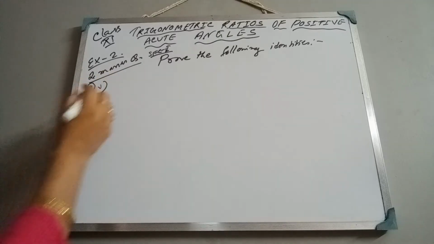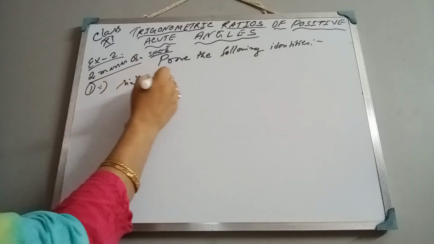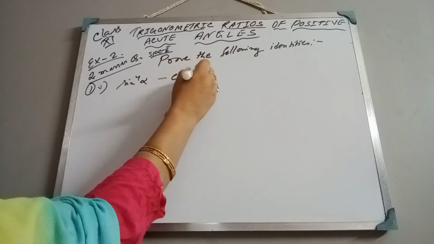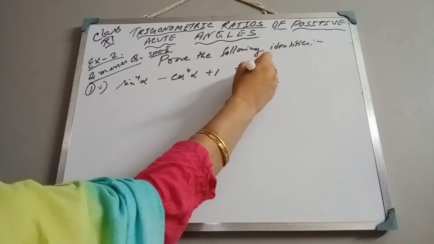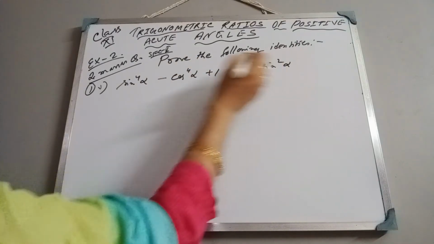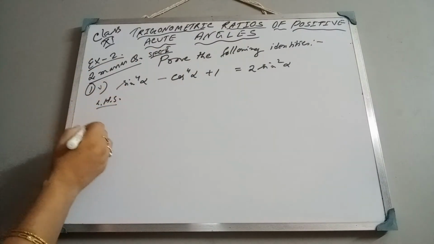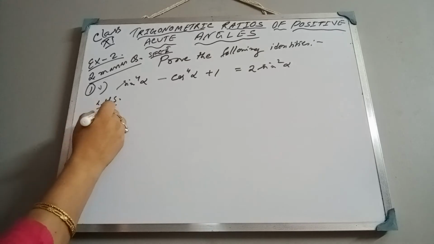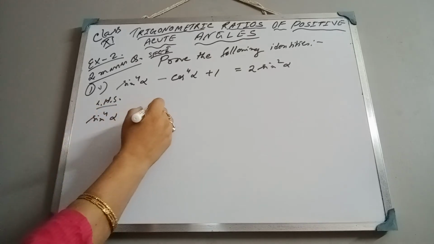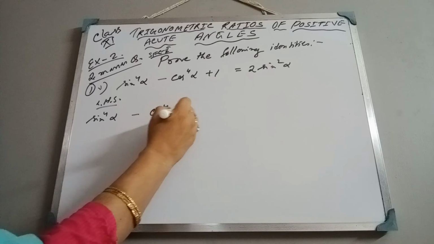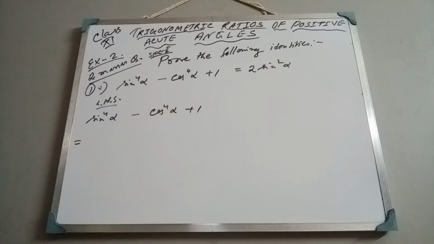Part 5. Sine to the power 4 alpha minus cos to the power 4 alpha plus 1 is equal to 2 sine square alpha. This we have to prove. Now the left hand side: sine to the power 4 alpha minus cos to the power 4 alpha plus 1.